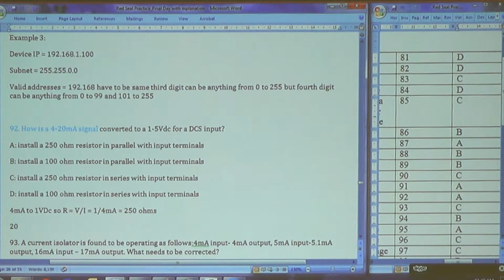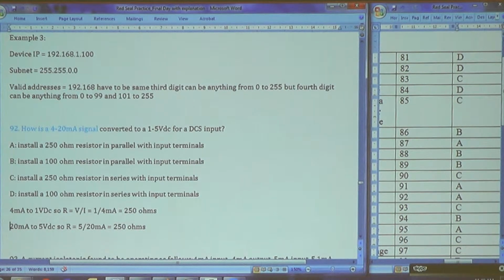And again 20 milliampere is to 5 volt DC. So again R is equal to 5 divided by 20 milliampere, which is equal to 250 ohms. So it is always 250 ohms. And now since we need voltage, we would have to connect it in parallel with the input terminal.